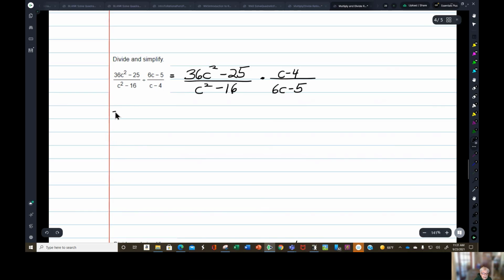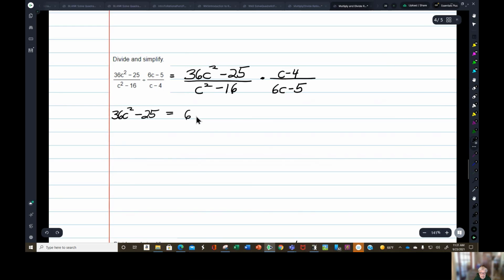All right, 36c squared minus 25. These guys are perfect squares. This is 36c in no, it's not. I'm lying to you. What a bad teacher.